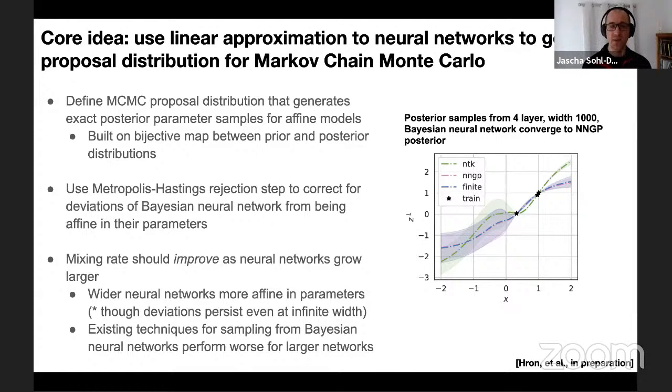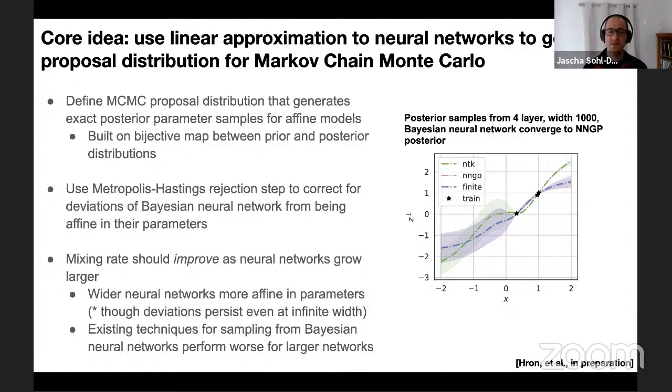The plot on the right is a super simple sanity check demonstration that this technique works. In black, we show 3 training examples that we are going to fit with a Bayesian neural network in just 1D. And here in blue, we are plotting the distribution over posterior functions we generate by sampling the parameters of a roughly 2 million parameter 4-layer Bayesian neural network from their posterior.